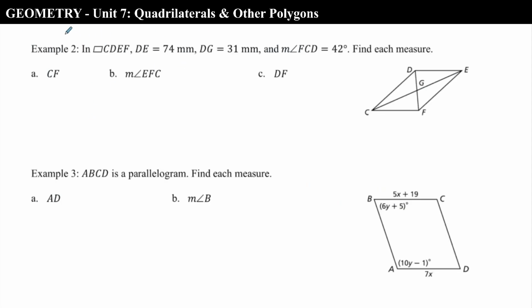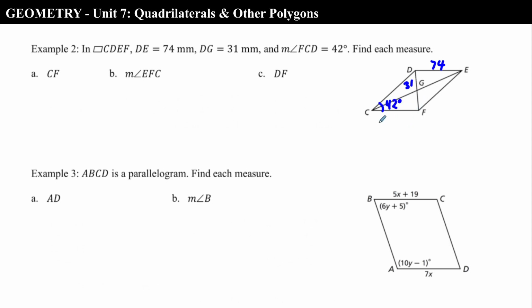All right, let's look at a more practical example. In CDEF, DE is 74, so DE right here, this is 74. DG is 31, so I'm going to write that there. And FCD, this whole thing, is 42 degrees.